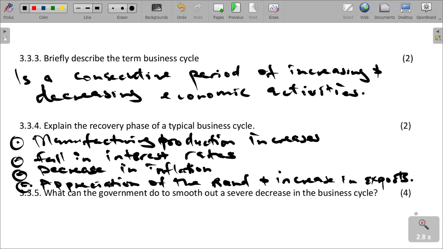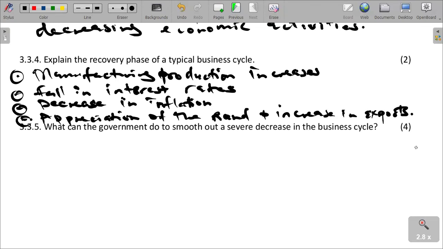Exports will also increase so that the business can do better. And then what can government do to smooth out severe decreases in business cycles? Government can decrease taxes so that people can borrow money.